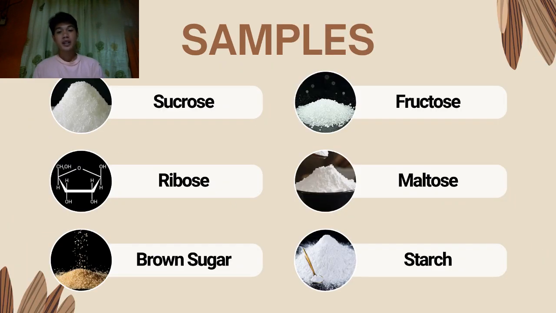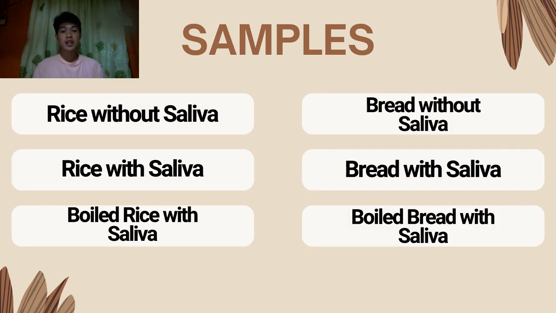For the experiment, 12 samples are used for the different tests, which are fructose, sucrose, ribose, and maltose, which are provided in the laboratory, and the brown sugar, starch, rice with saliva, boiled rice with saliva, bread without saliva, bread with saliva, and boiled bread with saliva, which are prepared by the students.